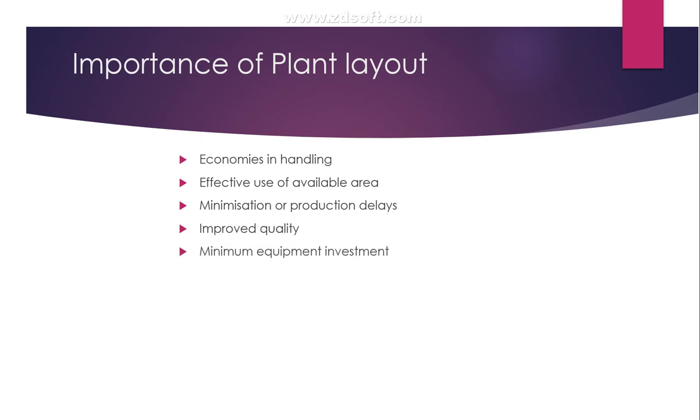Minimum equipment investment. Investment on equipment can be minimized by planned machine balance and location, minimum handling distances, installation of general purpose machines, and planned machine loading. By placing machines in a sequential order, we avoid long distances of travel or movement of materials.